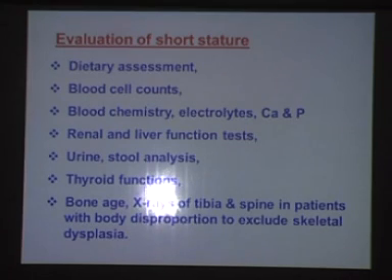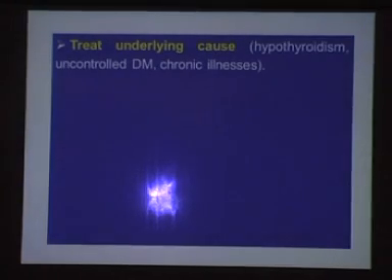So we must evaluate the cause of short stature, and this is done by dietary assessment, CBC, blood chemistry, electrolytes, calcium and phosphorus, renal and liver function tests, urine and stool analysis, thyroid function, and bone age by X-ray, and also X-ray of the tibia and the spine to exclude skeletal dysplasia.